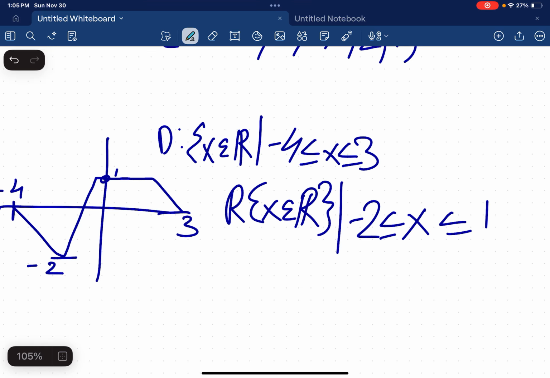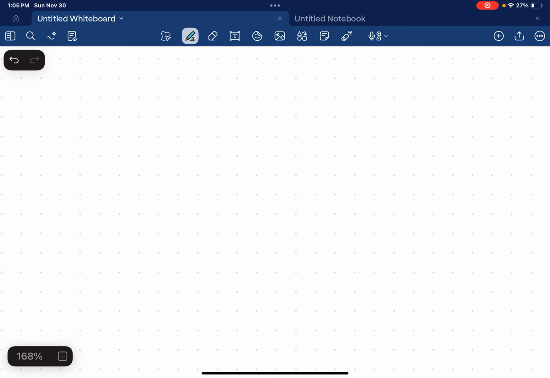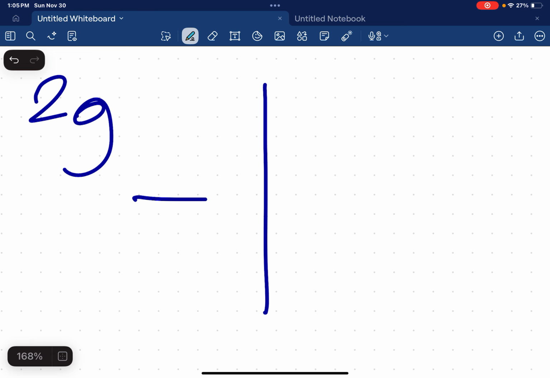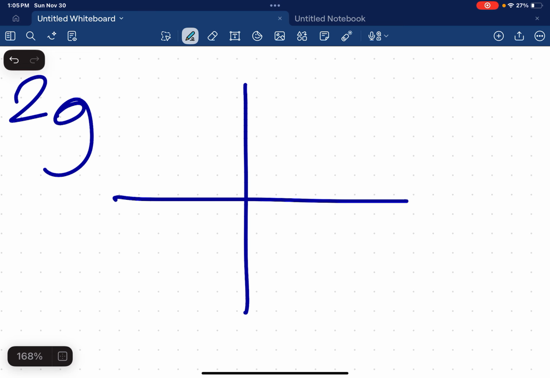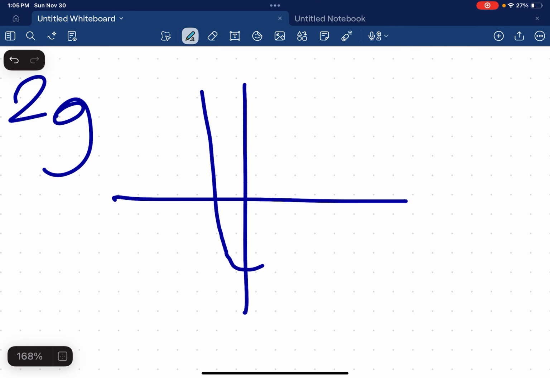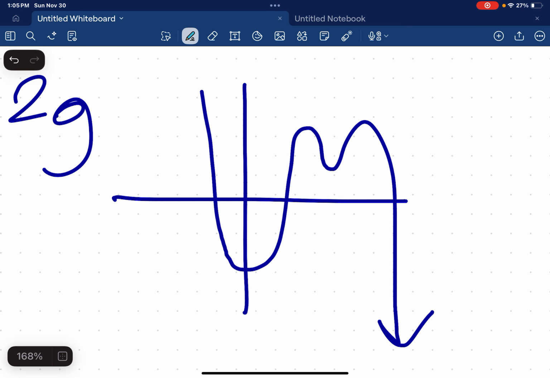Okay, on to our last problem, 2G. Okay, this one is a bit different from the other ones, not just because it's this like swirly circle, but it actually includes arrows. That is important. Super important.